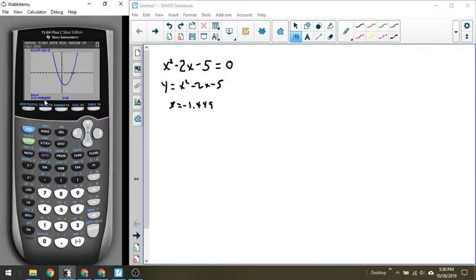We're going to round that to 3 digits as x equal to 3.449. So these are the answers I would give as the solutions to this equation.